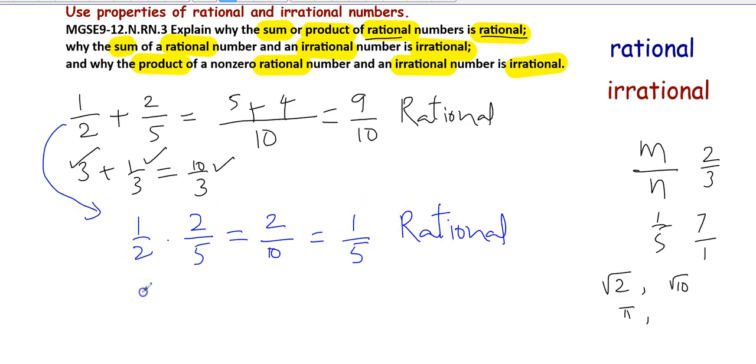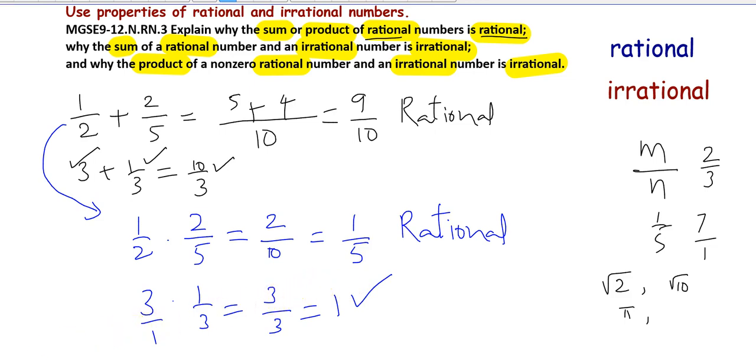Then you have 3 times 1/3, that is on the top 3, bottom 3. 3 times 1 is 3, 1 times 3 is 3, 3 over 3, which is 1. 1 is also a rational number.